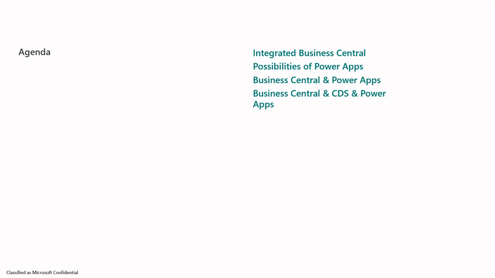As part of that we will check what Power Apps is and understand why we need it, what its possibilities are, and then we will start digging into Business Central integration with Power Apps, so with Business Central connectors. And after that we will also include the CDS, Common Data Service, to build, for example, model-driven applications and so on.